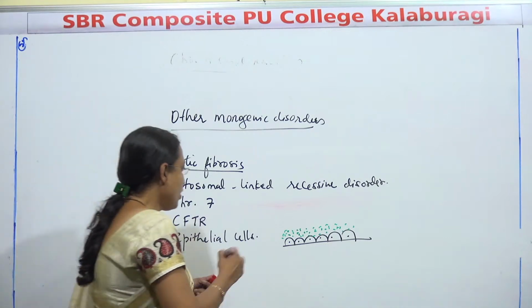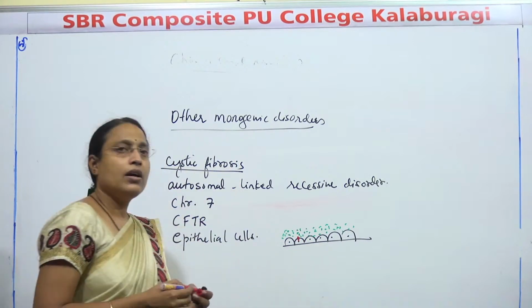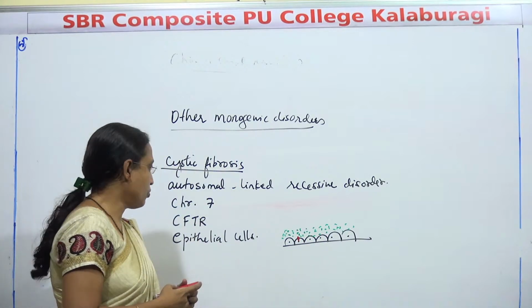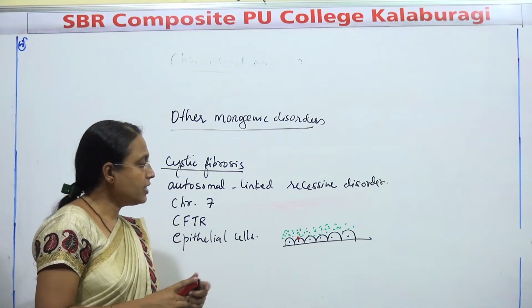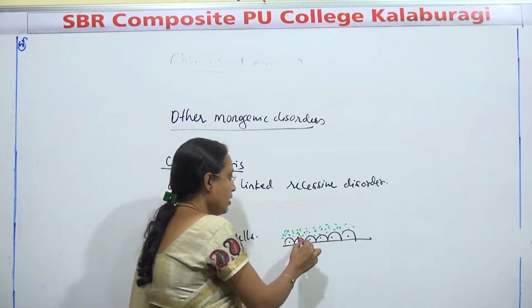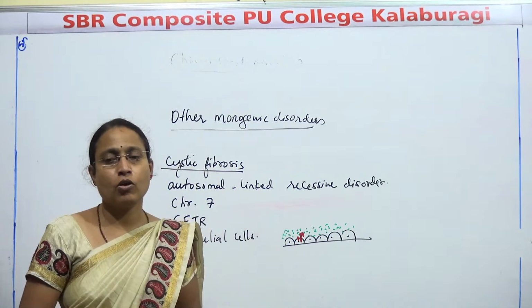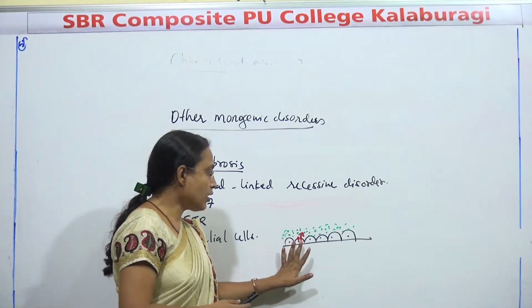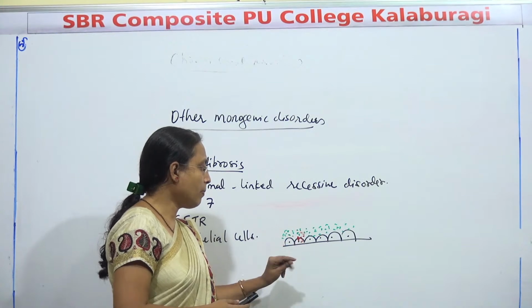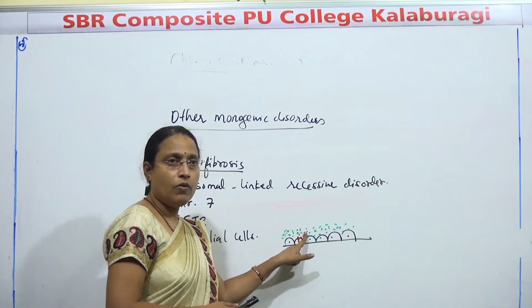The cell membrane of epithelial cells has a chloride transporter, which is nothing but CFTR. This will pump the chloride outside. So it will help in ion transport so that normal ion concentration is maintained. Now if that becomes defective, chloride cannot be pumped out. Remember, in a normal individual, when chloride is pumped out, sodium also comes.